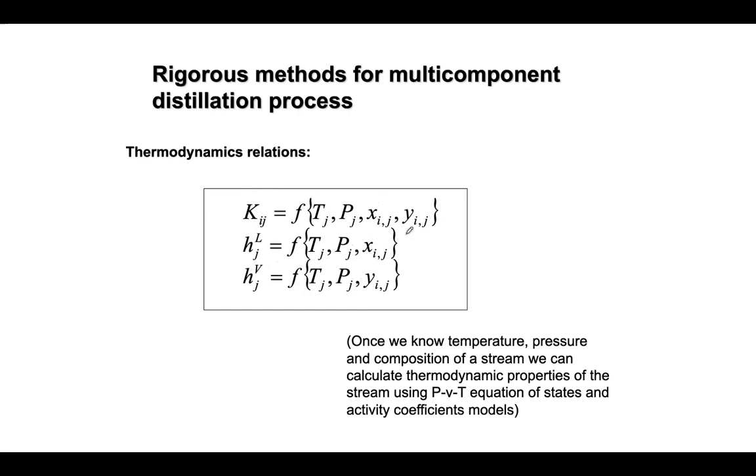All this is complicated, but we can get them. Once we know the temperature, pressure, and composition of the stream, we can calculate the thermodynamic properties of the stream using a PVT equation of state and also activity coefficient models.